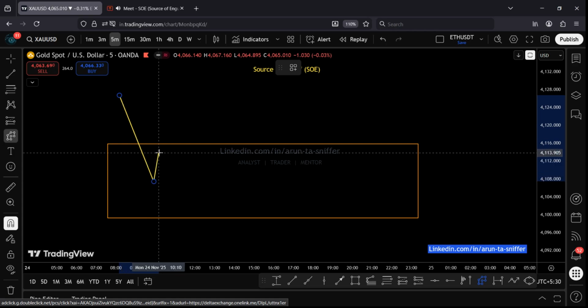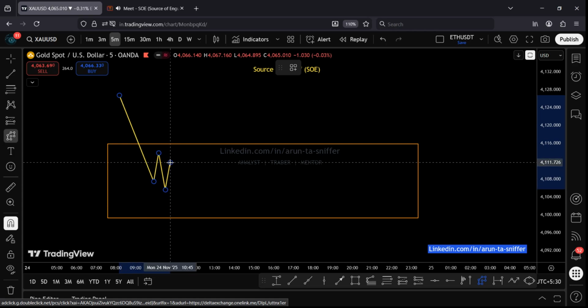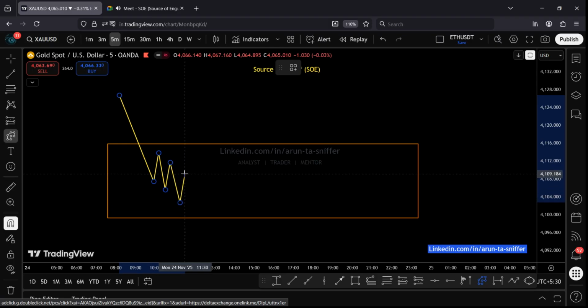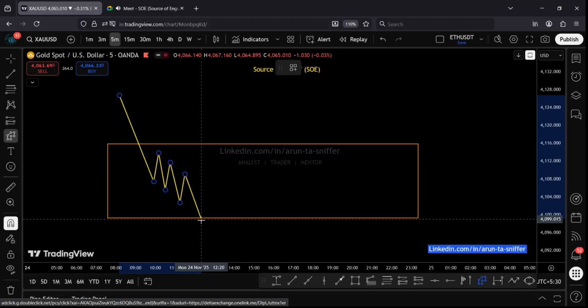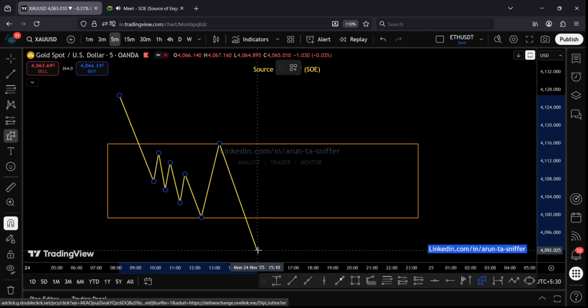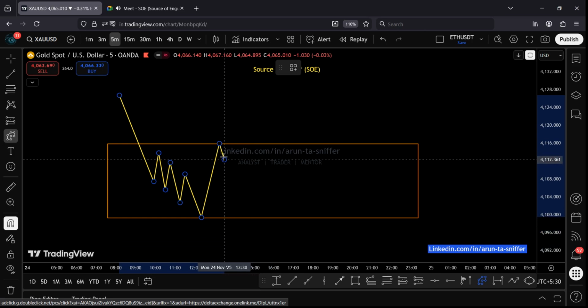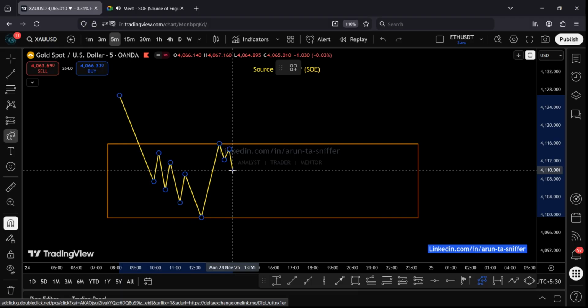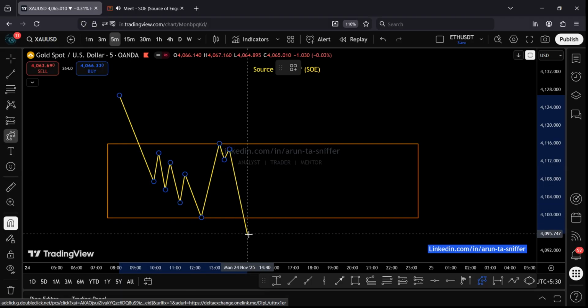Price coming down like this, then coming down like this, and this will go up, go up and come down. Go up, make a pullback and then come.